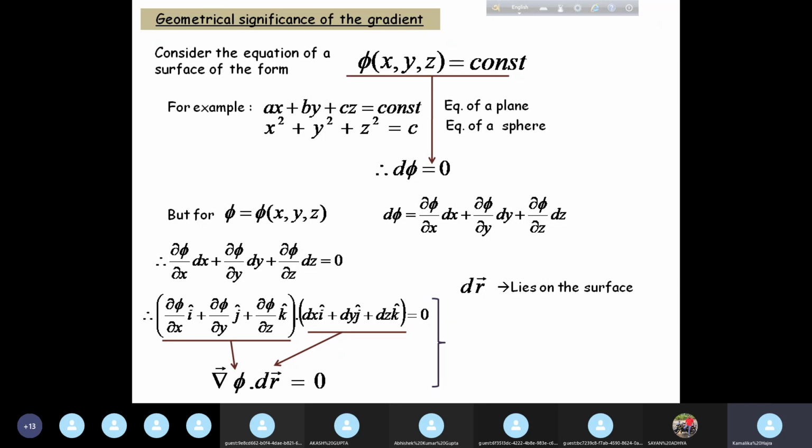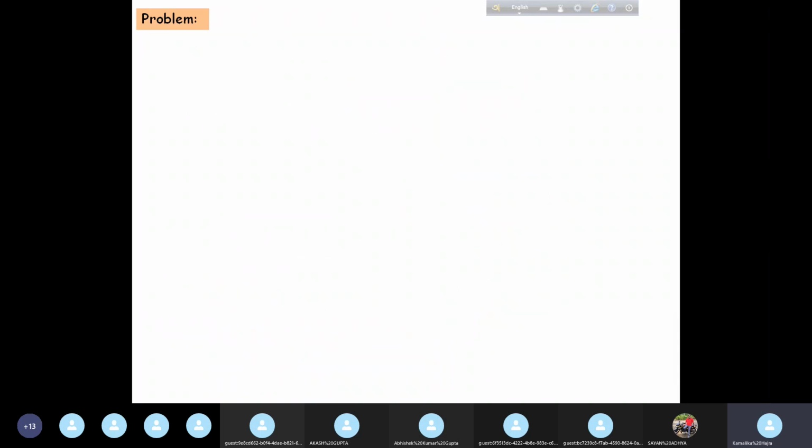And the fact that grad phi dot dr equal to 0 means that grad phi is always perpendicular to dr, which means that grad phi is a vector normal to the given surface at the specified position. So whenever you are given the equation of a surface and asked to find its normal, you have to find the gradient of the given function. We'll do two problems to show what I was trying to say.